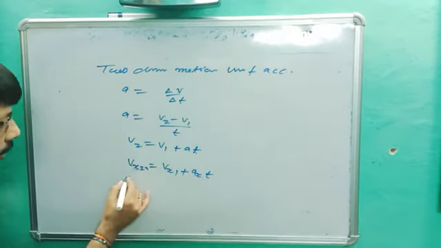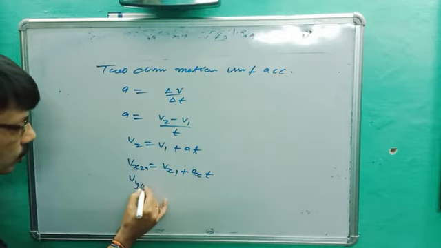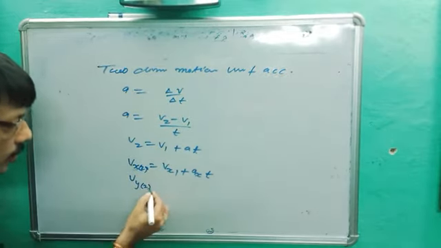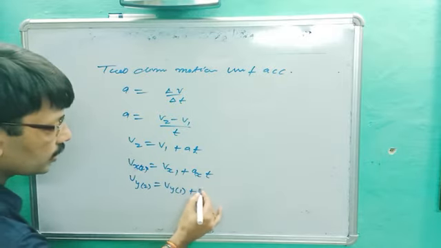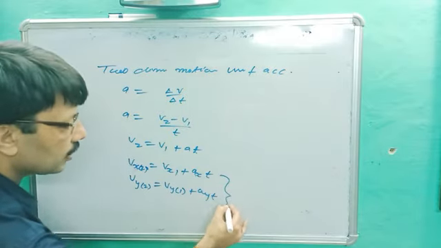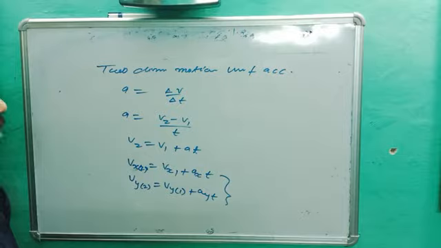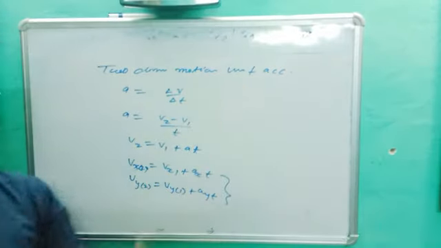And similarly, Vy2 is equal to Vy1 plus Ayt. These are the equations of a moving body with uniform acceleration.